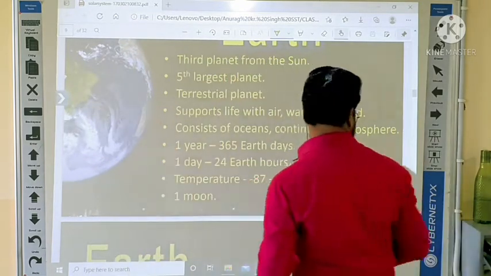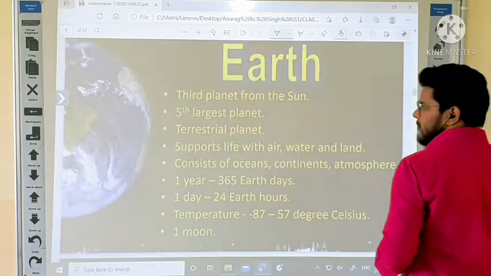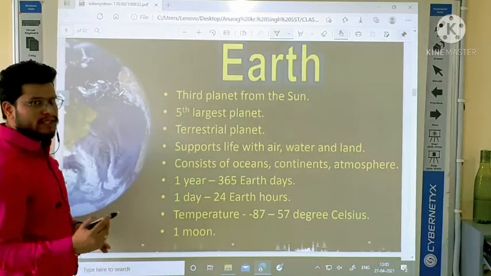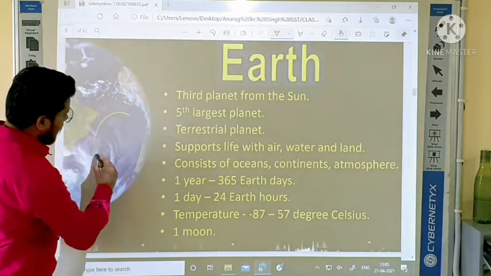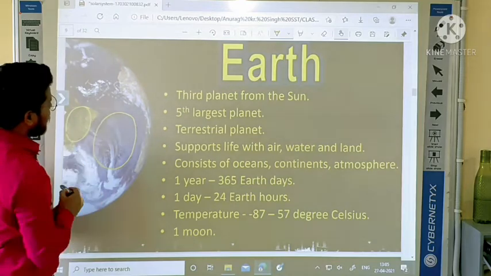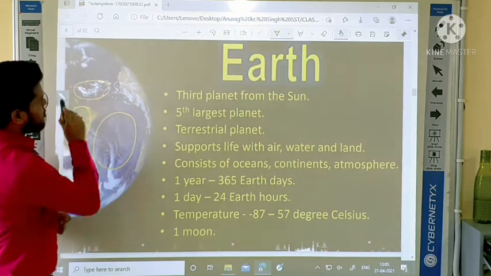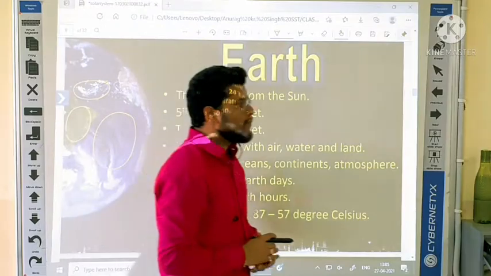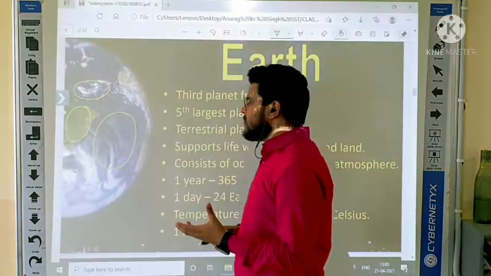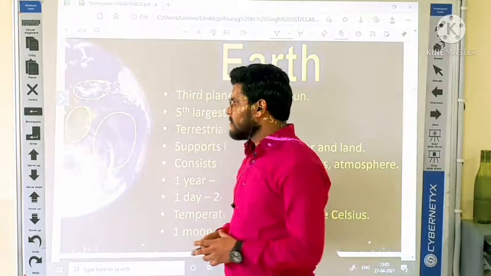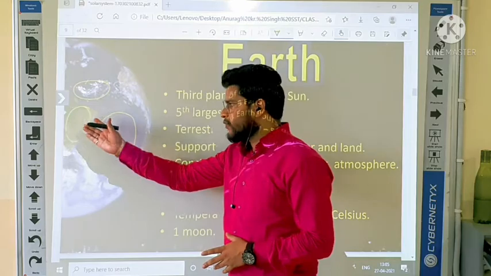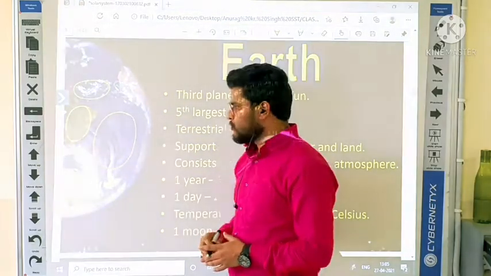See this image. In this image, you can easily notice that here Earth is blue, here the Earth color is green, and in some part it looks white. Okay? So today we will learn why the Earth has these colors. It means green, blue and white.